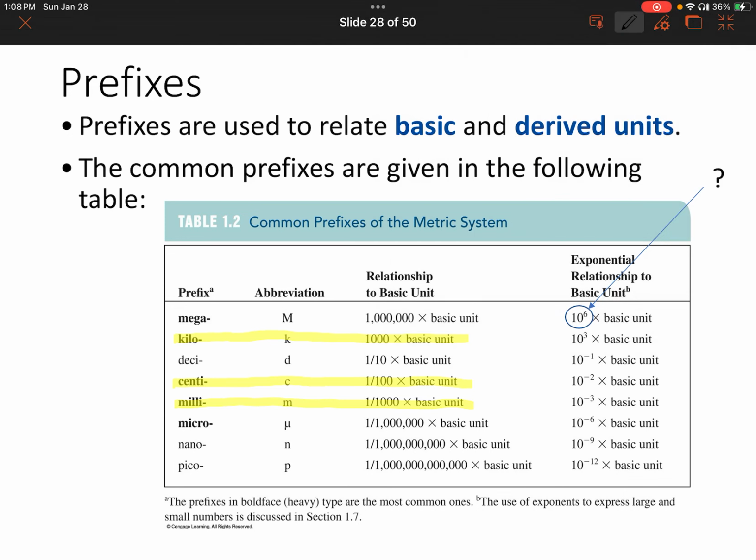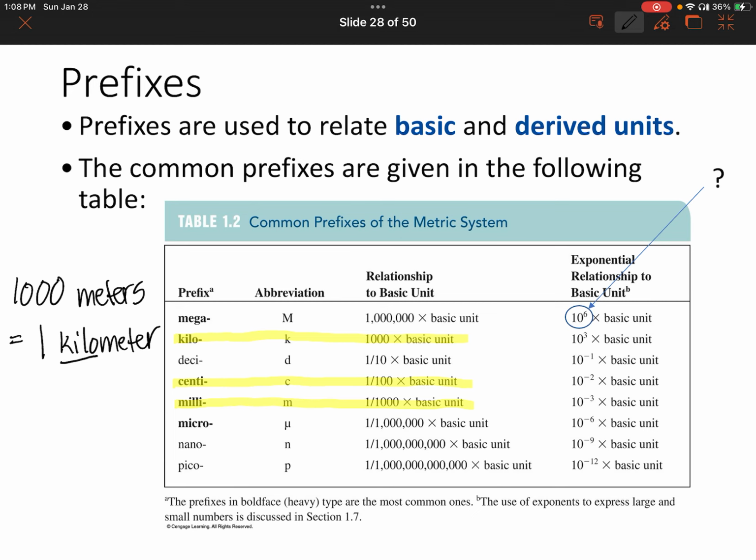So for example, let's say you've walked 1,000 meters. You could also say that you walked 1 kilometer. So again, kilo is equal to 1,000. So we're just replacing that 1,000 with the prefix kilo. And it's just a little bit of a different way to express that number.